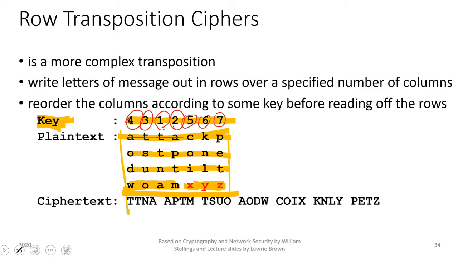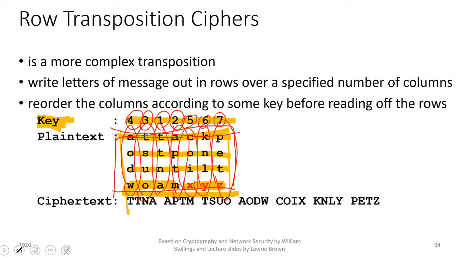There are 7 columns, and that indicates the order. Once we put the plain text into this format, we can read the ciphertext based on the key order: first, second, third, fourth, fifth, sixth and seventh. So that is the row transposition cipher. We write the text in rows across a number of columns, and then we reorder the columns and read them in that order. That reordering is the key here.